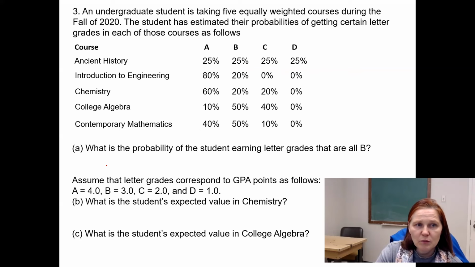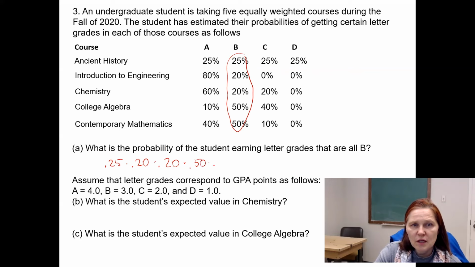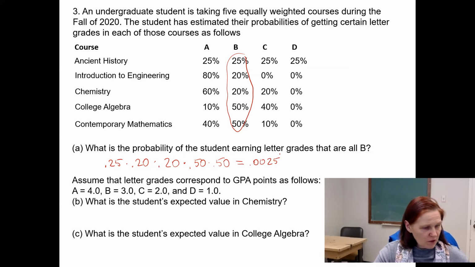So we have here a product of 0.25 times 0.20 times 0.20, the probability of getting B in chemistry, 0.50 times 0.50. Multiplying them together, you get 0.0025. So very low probability because there are a lot of outcomes in this event.